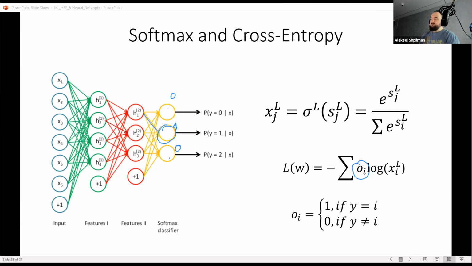The other neurons do not introduce the signal, because if they are low, it's okay. We do not care how low they are if they're sufficiently low. Any questions about the softmax?